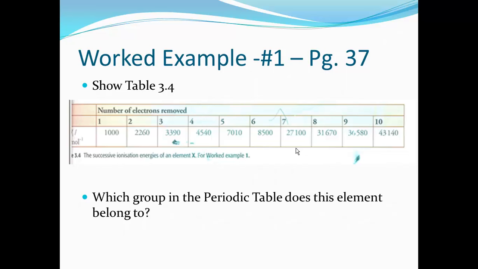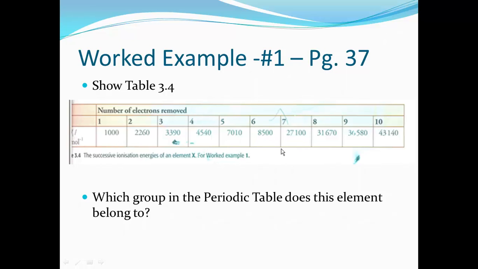Alright, here we have an unknown element, and it asks which group in the periodic table this element belongs to. Group 1, Group 2, Group 3, so forth to Group 8. So you're looking for a big jump. So you study the numbers, 1,000, 2,000, 3,000, 3,000, 4,000, 7,000, 8,000, up, it goes up to 27,000, then 31,000.